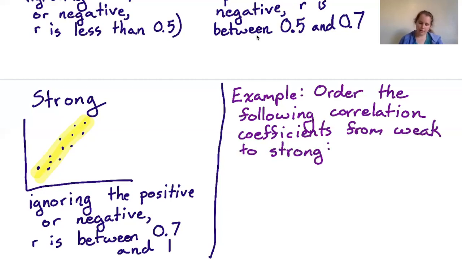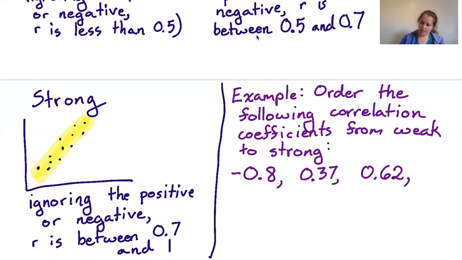So let's say that we have negative 0.8, positive 0.37, a positive 0.62, a negative 0.45, positive 0.84, and a negative 0.93.